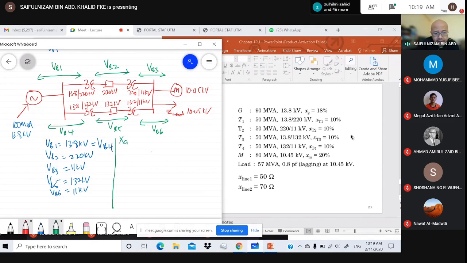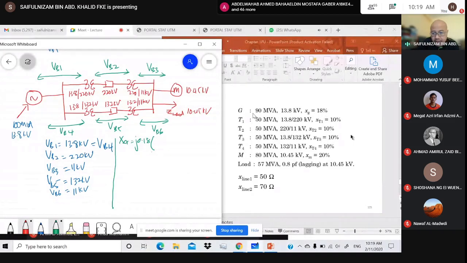Xg equals, don't forget j, j18% in percentage, equal to 0.18 per unit. This is the old per unit value. 0.18 times kV old, which at the generator from the data is 13.8 kV over the same 13.8 kV, squared, the new base is 100 divided by old is 90.